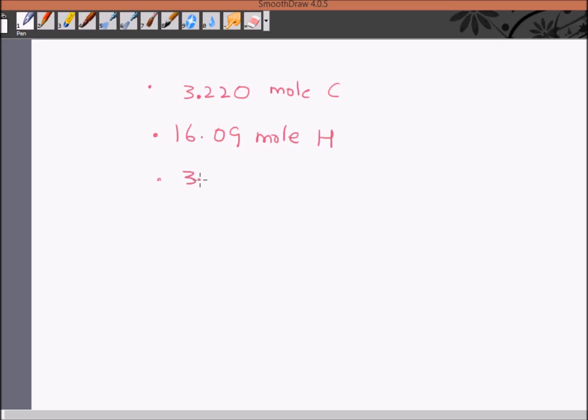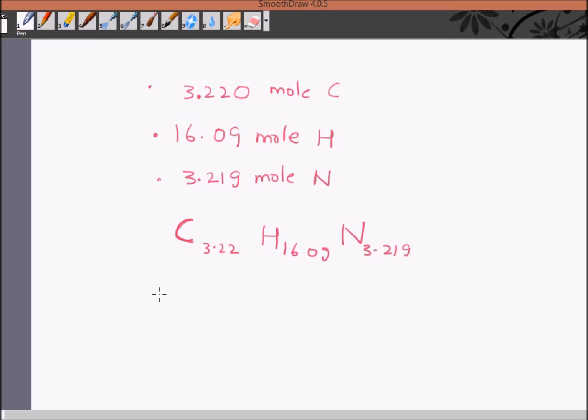We get 3.219 moles of nitrogen. So now what is the subscript? Carbon gets 3.22, hydrogen gets 16.09, nitrogen gets 3.219.